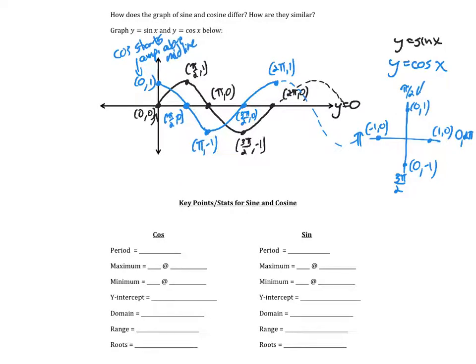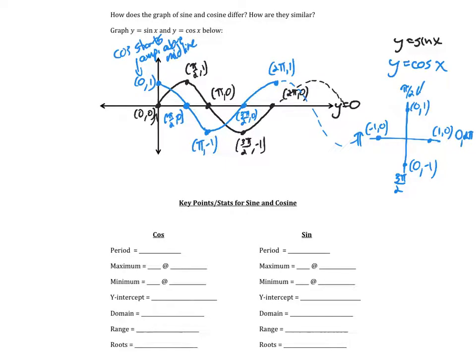You can imagine if you shifted that graph in blue pi over 2 to the right, all the points would line up with each other. I tried to display that graphically. It's not perfect, but it's close enough that you can visualize that the blue graph would be right on top of the graph in black, except if you shift it over pi over 2. So just notice when you graph cosine, you're really just starting at a different point on the curve. You're starting at the max point, whereas with the sine graph, you're starting on the midline.